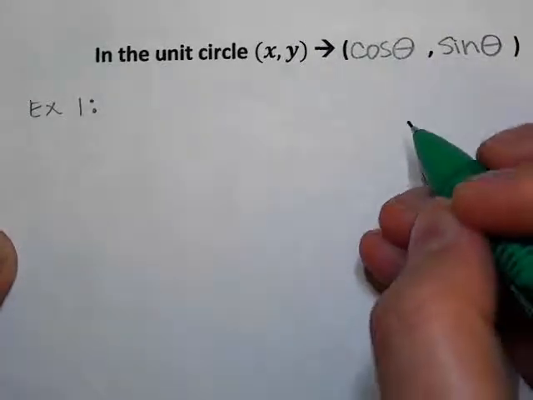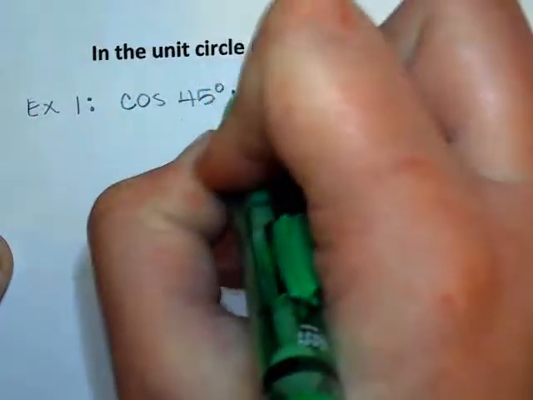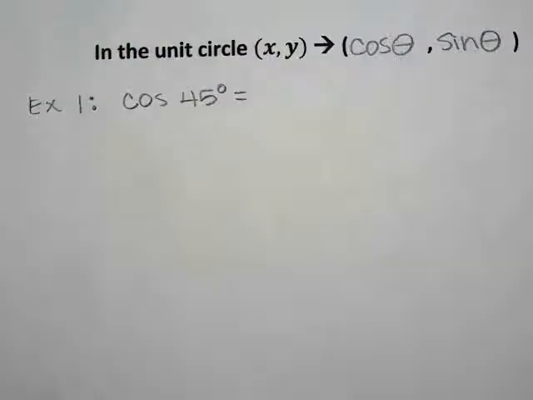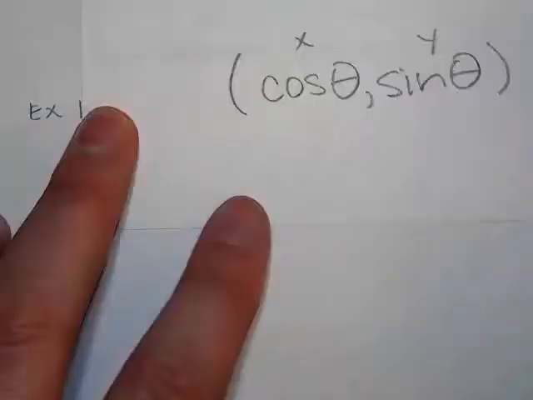So on your unit circle, you're going to locate 45 degrees. And because it's cos, you're going to look at the x-coordinate, and that's the answer.